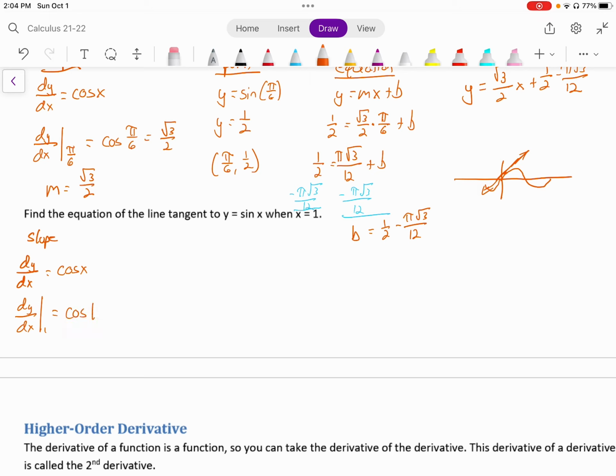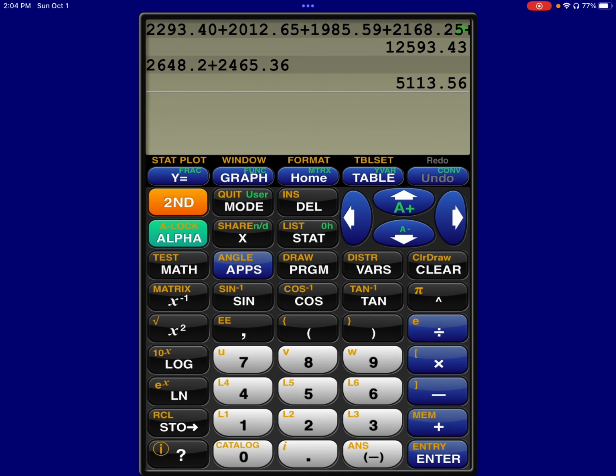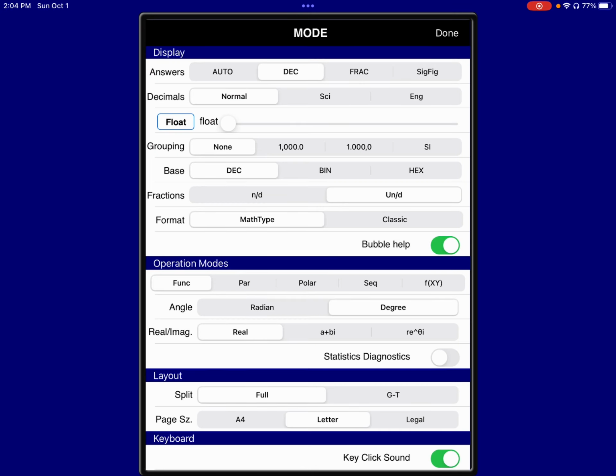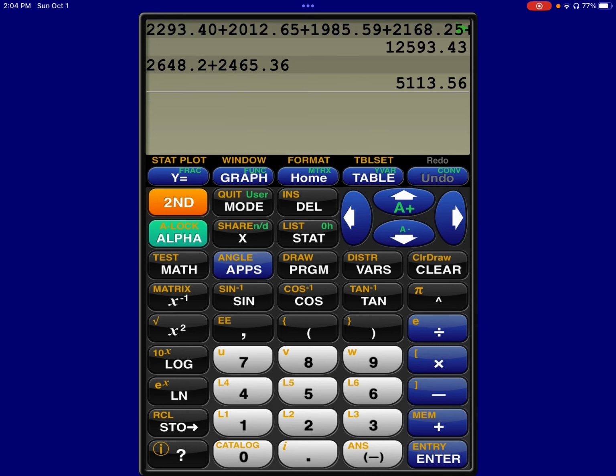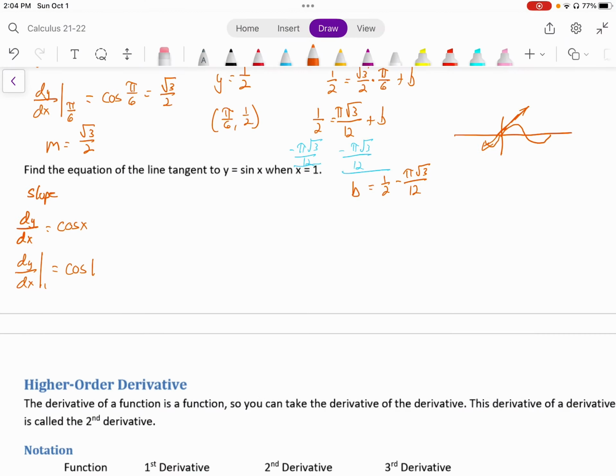Now this refers to radians, so we're actually going to pull up the calculator and get this value. So we need to be in radians, and we can do cosine of 1, 0.5403. 0.5403 is our slope. We can find the point that this goes through.